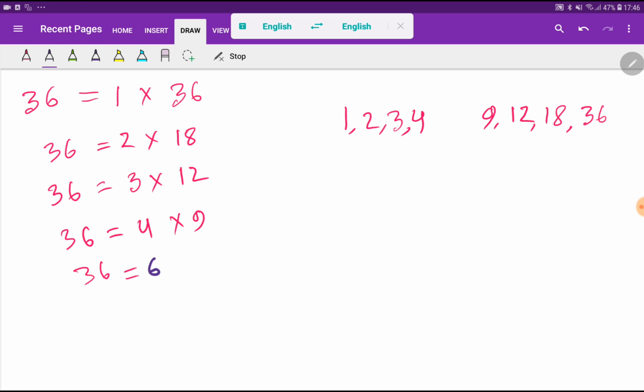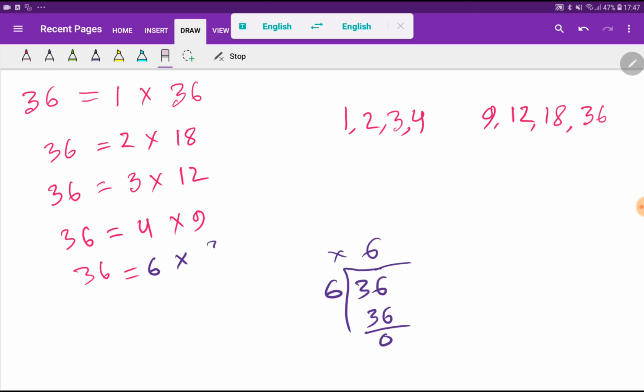So let me check with 6. If I divide 36 by 6, and I want to make 6 groups, then 6 times 6 is 36.